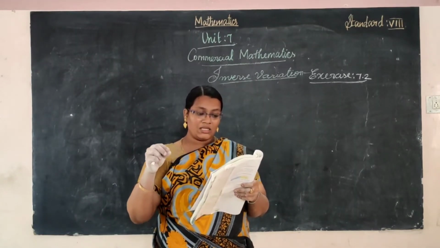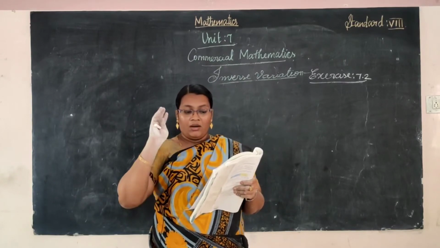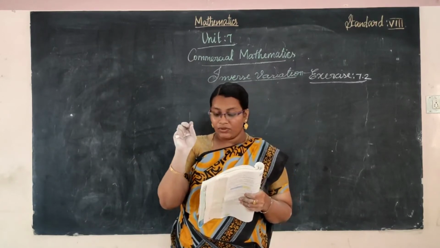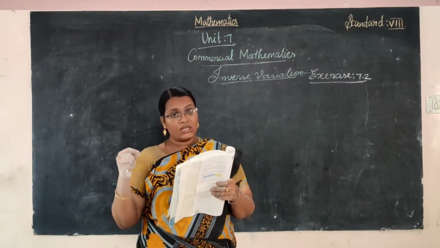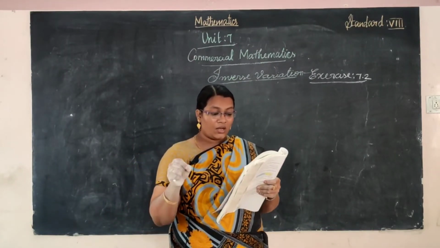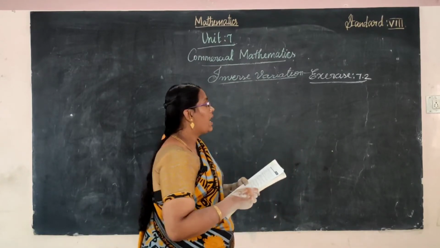A farmer has enough fodder to feed 28 animals for 5 days, and 7 more animals join. So in total there are now 35 animals. So how many days will it last? How long would the food last? You have to find out.